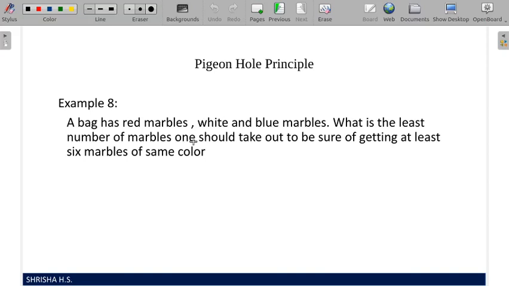A bag of red, white and blue marbles. What is the least number of marbles one should take out to be guaranteed of getting at least 6 marbles of the same color? There are three colors of marbles in the bag, and you go on picking.